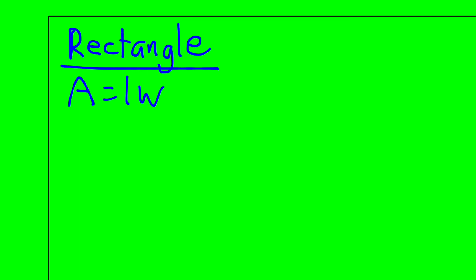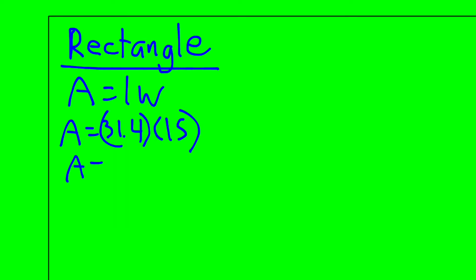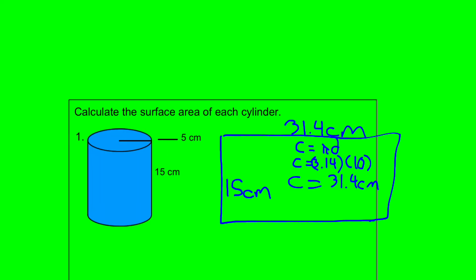So I'm going to do area equals 31.4 times 15, the dimensions of that rectangle. And when I work that out, 31.4 times 15, I get that the area of the rectangular part is 471 centimeters squared. So that's the area of the rectangular part, the part that we unrolled.